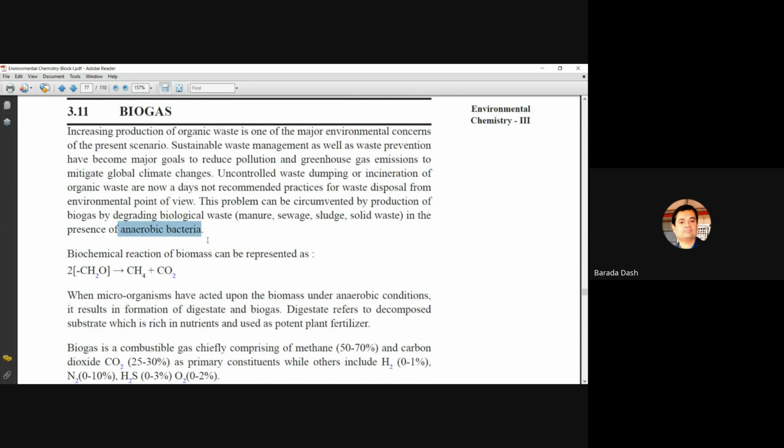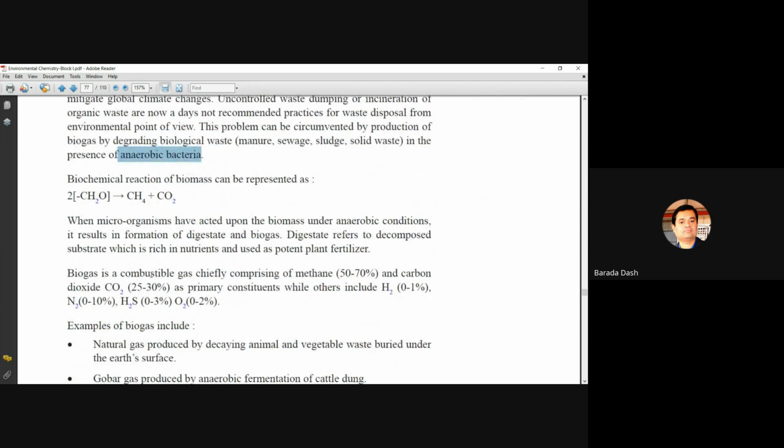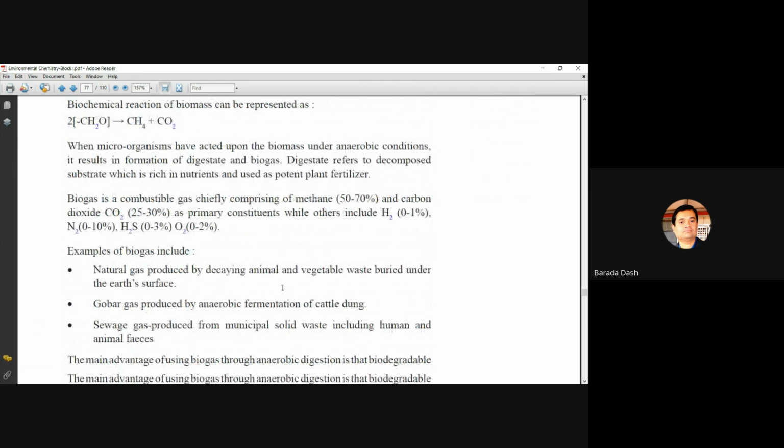Anaerobic digestion of the organic waste generates methane and carbon dioxide. This methane is called biogas, which is used for burning, cooking, and also for energy, because methane can be burned to provide energy. So that is called biogas.